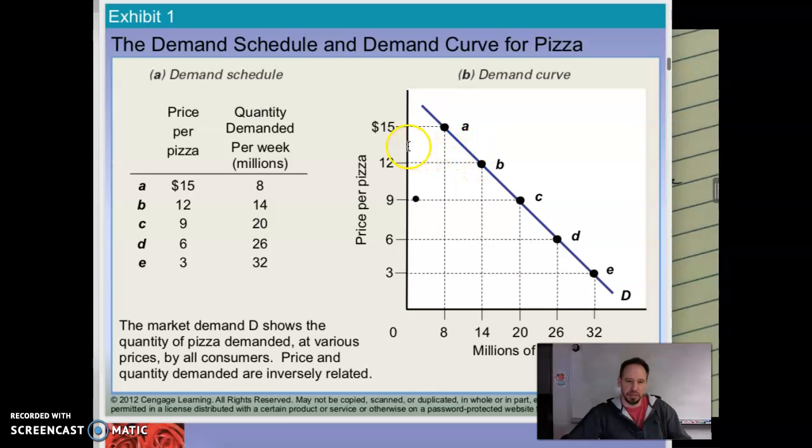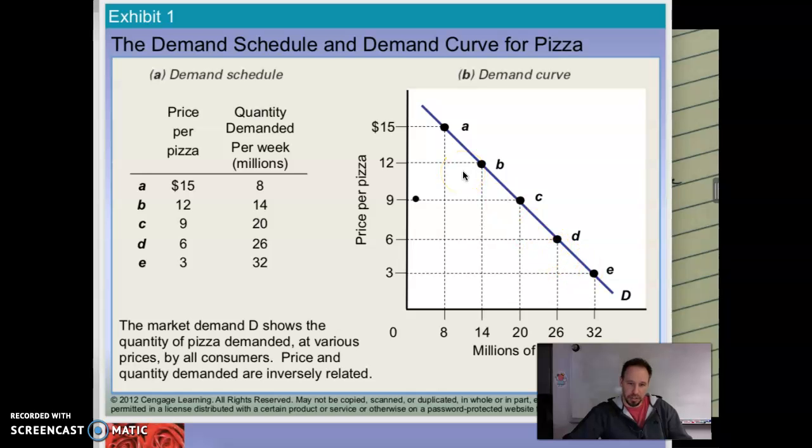At a price of $12.50, we could come over here, hit the curve, and it would be somewhere between 8 and 14. Any price between $15 and $3, we can come over and find what the corresponding quantity would be.